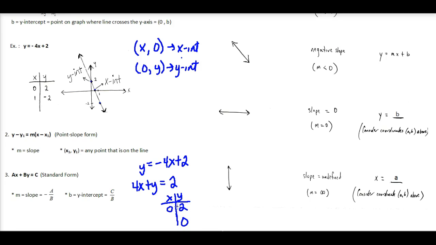If we want to find the x-intercept, we let y equal 0. So we cover this whole term up. And what we see we have left is 4x equals 2. Of course, if we divide both sides by 4, we would get x is 1/2 after we reduce 2/4.